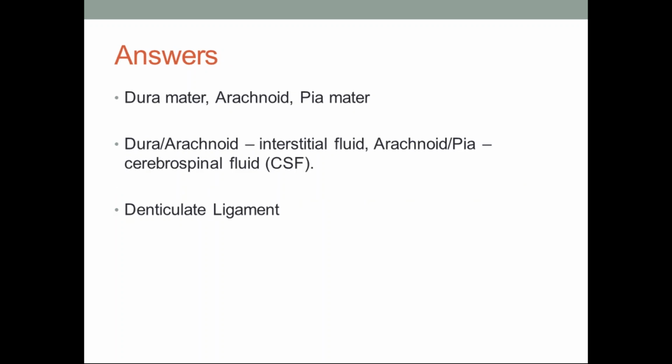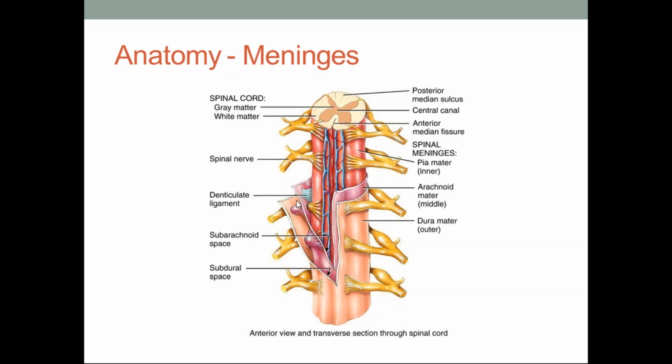That comes from the pia mater as well, the denticulate ligament. Let's go back to that picture. See, there's the denticulate ligament. It comes from the pia mater and comes out and protects the spinal cord from wiggling around side to side. And then the pia mater also comes down and attaches via the filum terminale to the coccyx.